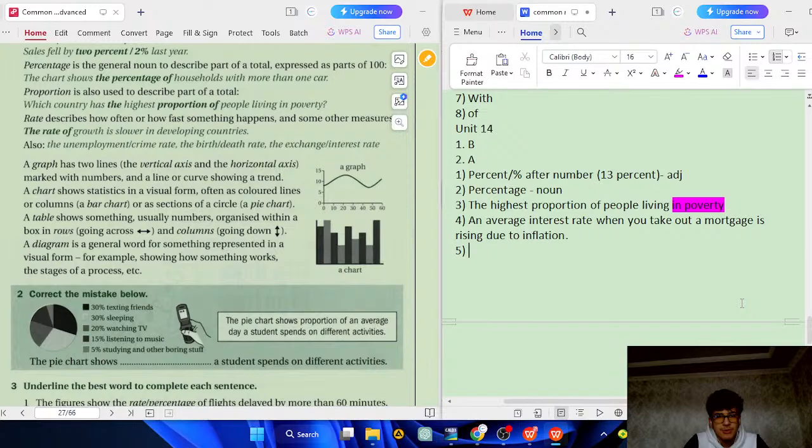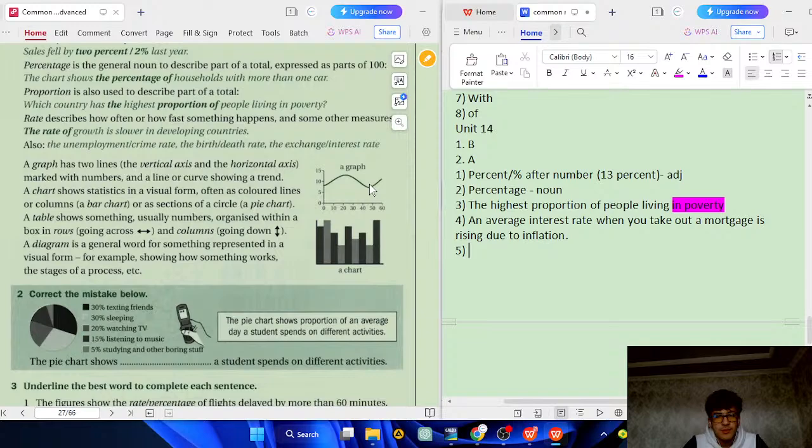Okay, a chart shows statistics in a visual form. Oh, a graph. Yeah, this is a graph. It has a vertical axis and horizontal axis, marked with numbers and a line or curve showing a trend.